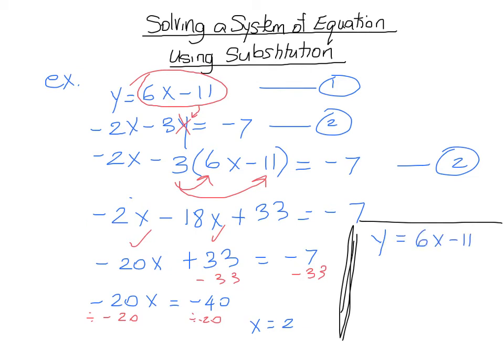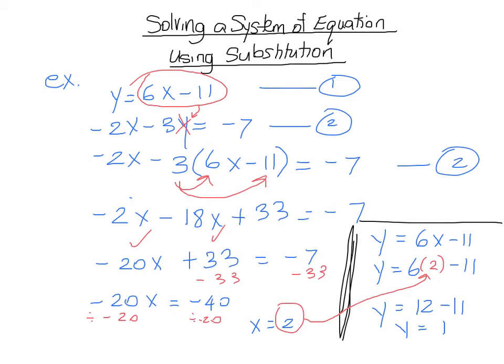We now know that x is 2, so I'm going to take that 2 and stick it in here for x. So y is equal to 12 minus 11. Y, therefore, is equal to 1. So now we know that x is equal to 2 and y is equal to 1.